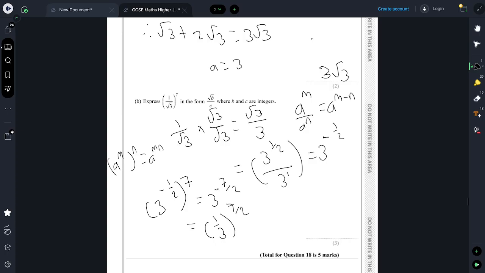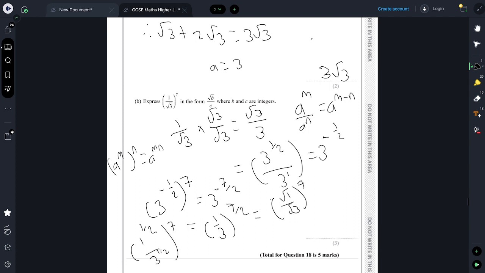And so then we deal with the half. So we're going to square root both, so it's going to be root 1 over root 3, because that's the same as saying 1 to a half over 3 to a half, raised to the power 7.